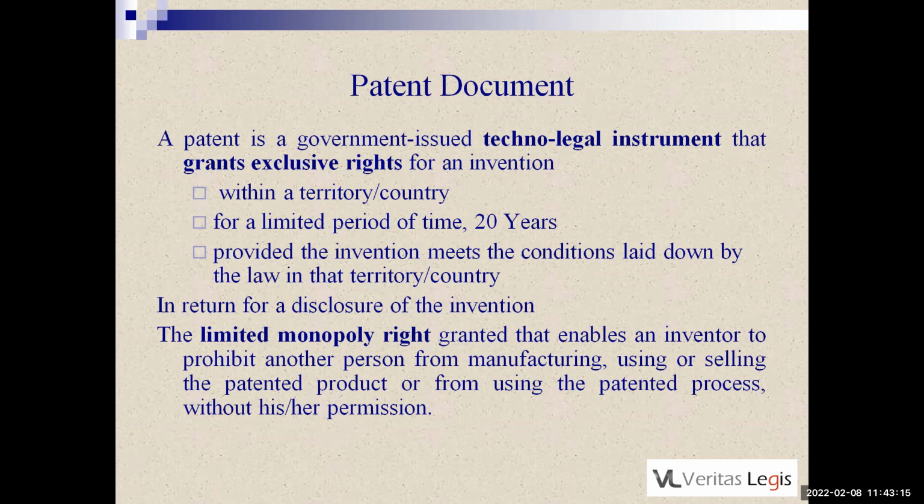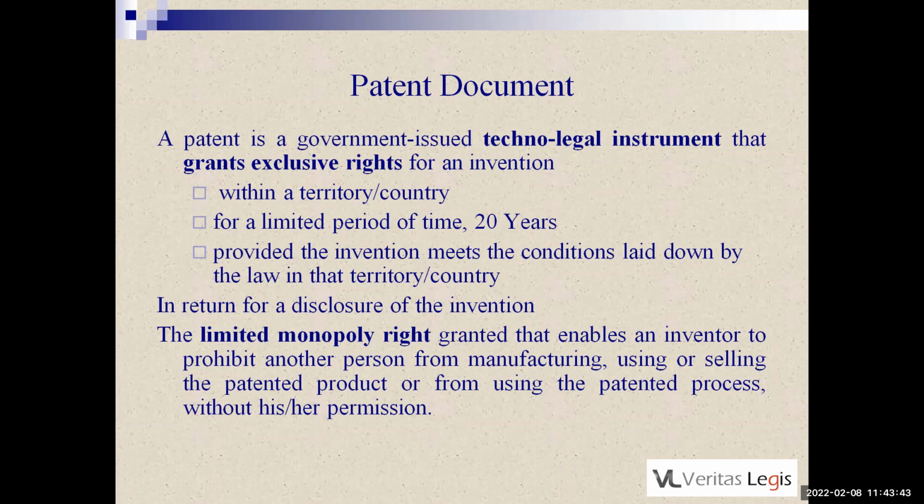It should lay down all the conditions: it should not fall under any non-patentable subject matter. It should be novel, it should be inventive, and it should be capable of industrial application on a large scale. So it is a government-issued techno-legal instrument that grants the exclusive right for an invention.